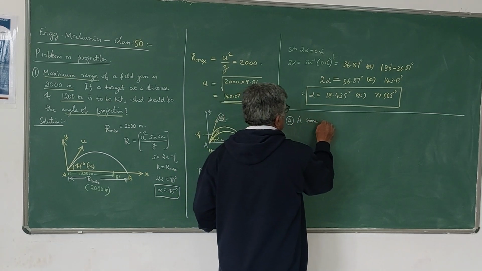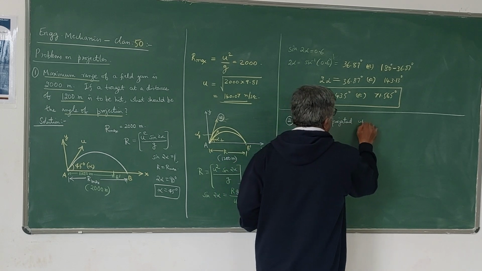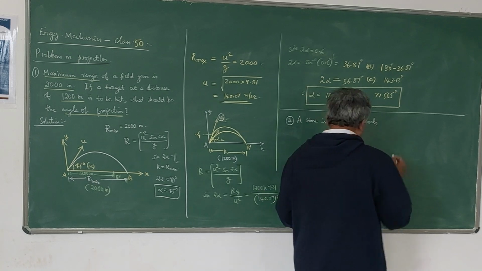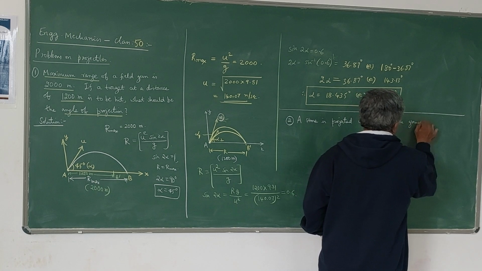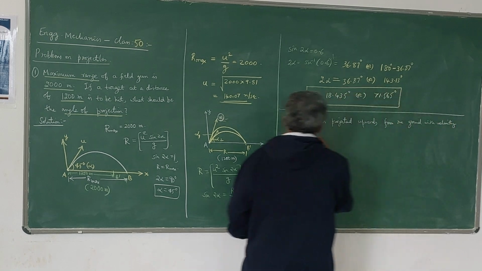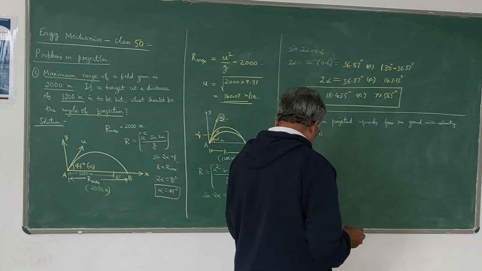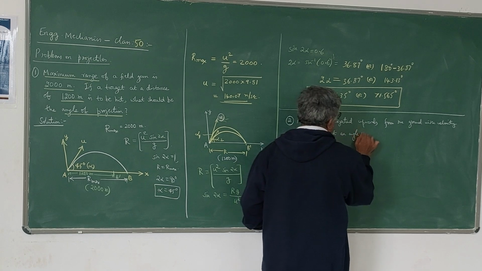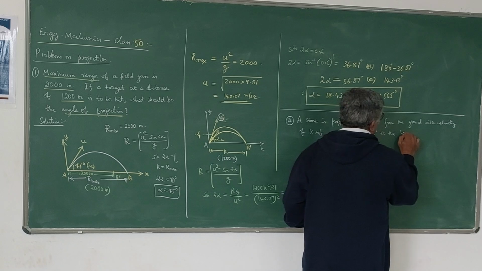A stone is projected upwards from the ground with velocity of 16 meters per second at an angle of 60 degrees to the horizontal.